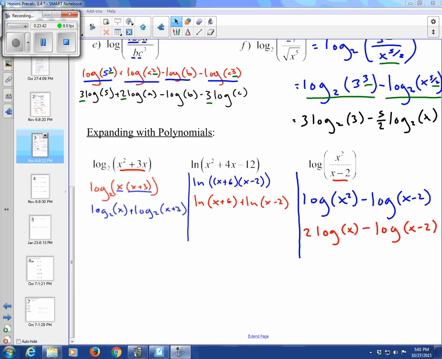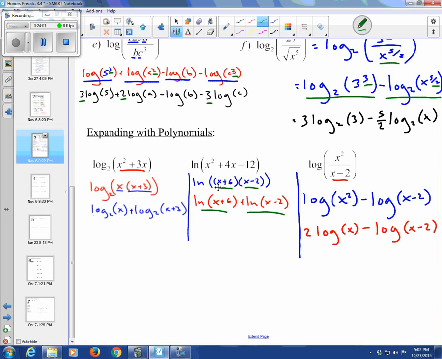All right, guys. So looking at these next two, we've got the natural log of x squared plus 4x minus 12. I can represent that as x plus 6 times x minus 2, and then expand that out into two positive natural logs, right? Since right here I've got a multiplication of these two linear factors in the numerator.